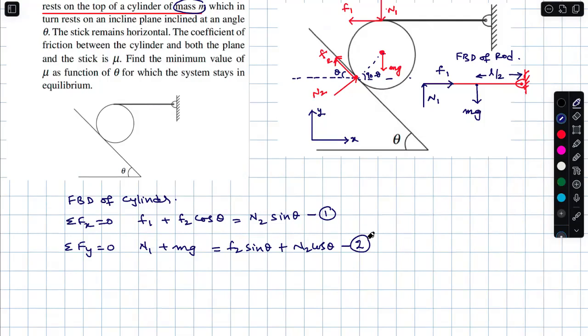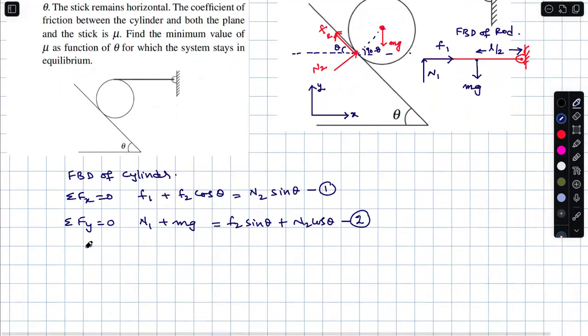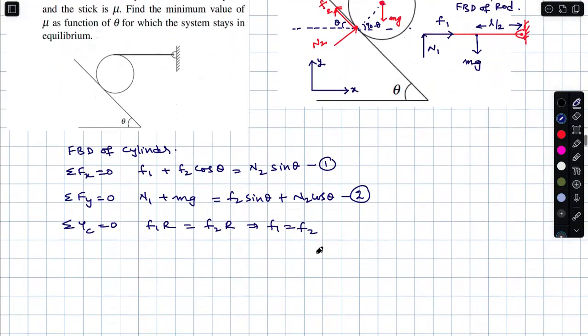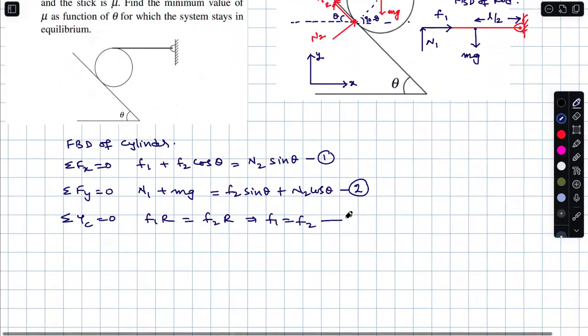Equation 2. Okay, right. And one more important point, sigma tau about the center is 0. For this to happen, F1R equals F2R, which implies F1 is the same as F2. Let this be equation 3.